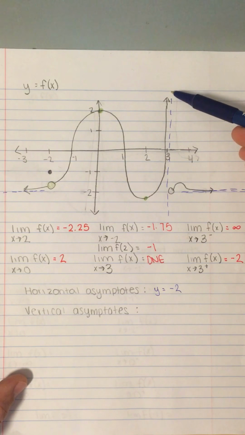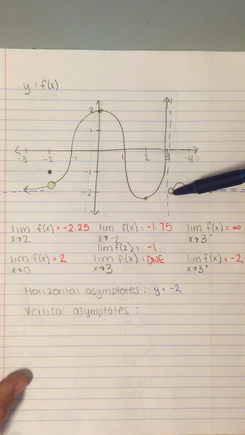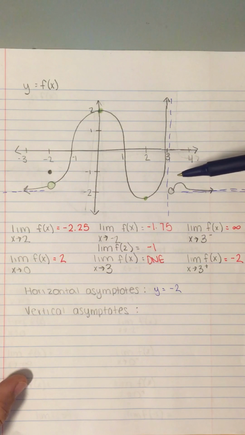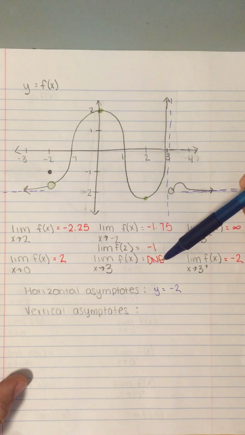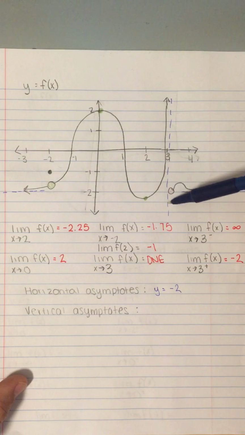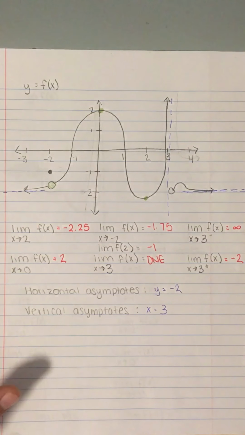It approaches x equals 3, but it never crosses over it. And then the same thing, there was a point of discontinuity where the function has changed and the graph does not exist, as we talked about right here. Therefore, this has become a vertical asymptote at x equals 3.